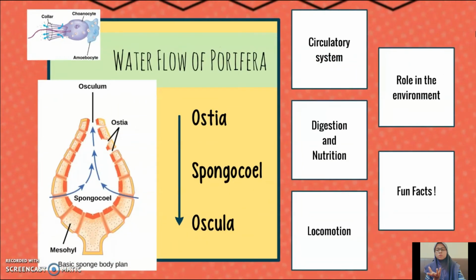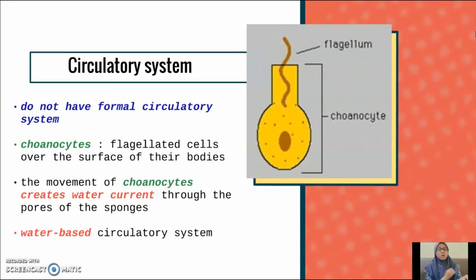So what are the benefits that the sponge gets from the water pump system? Let's first take a look at the circulatory system. Sponges or Porifera do not have a formal circulatory system, but they use choanocytes to help regulate water current through the pores of the sponge, so they have a water-based circulatory system.